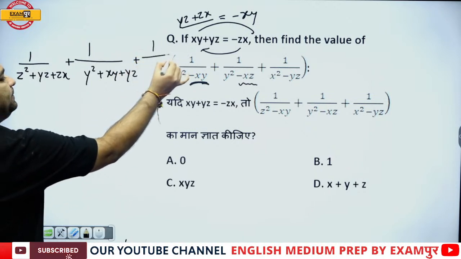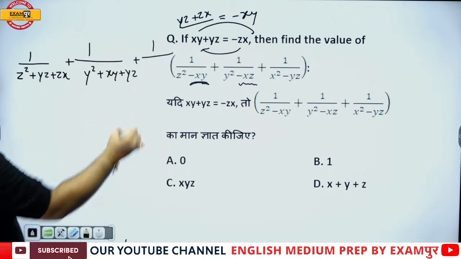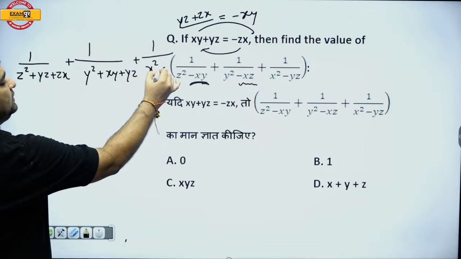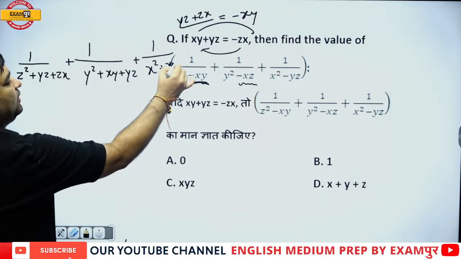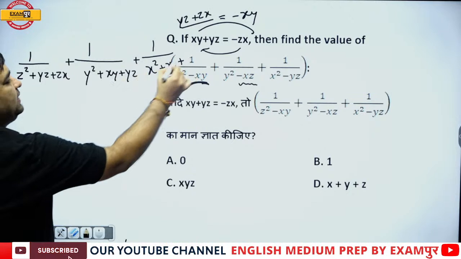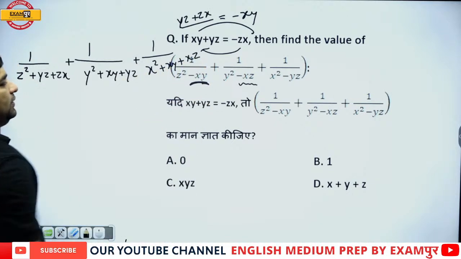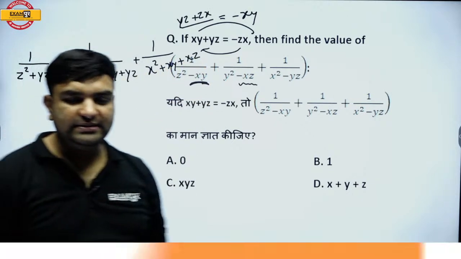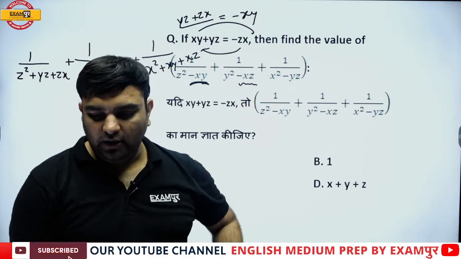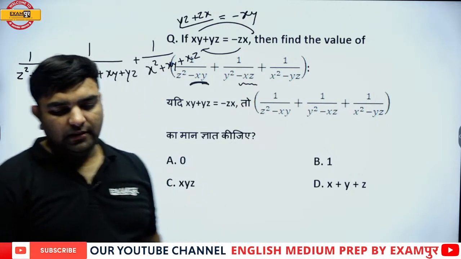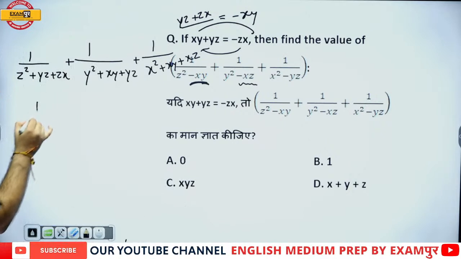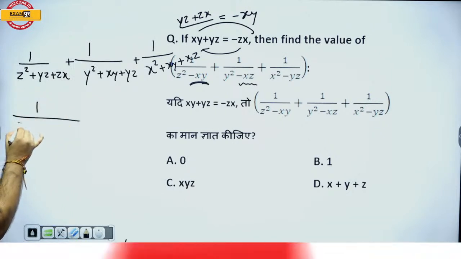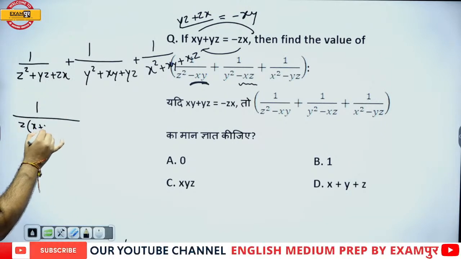And similarly, minus yz can be written as the other two, that is xy and xz. Now, if you look at it closely, here z is common in all, z times x plus y plus z.